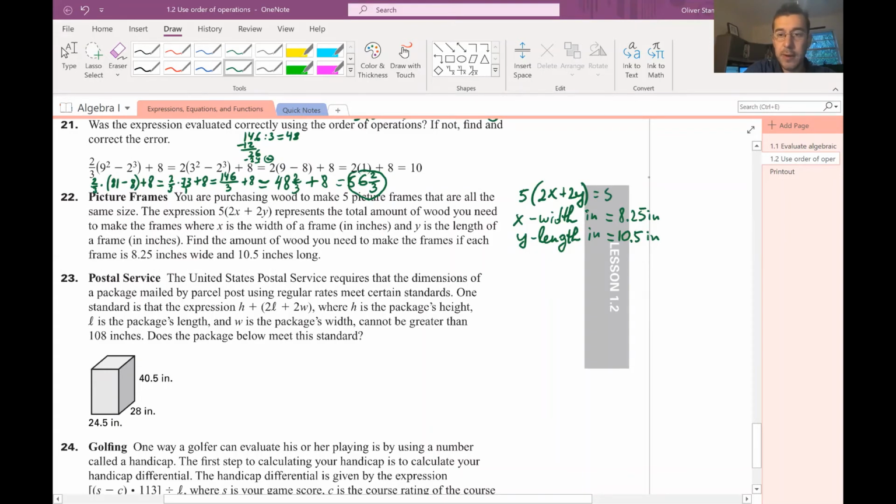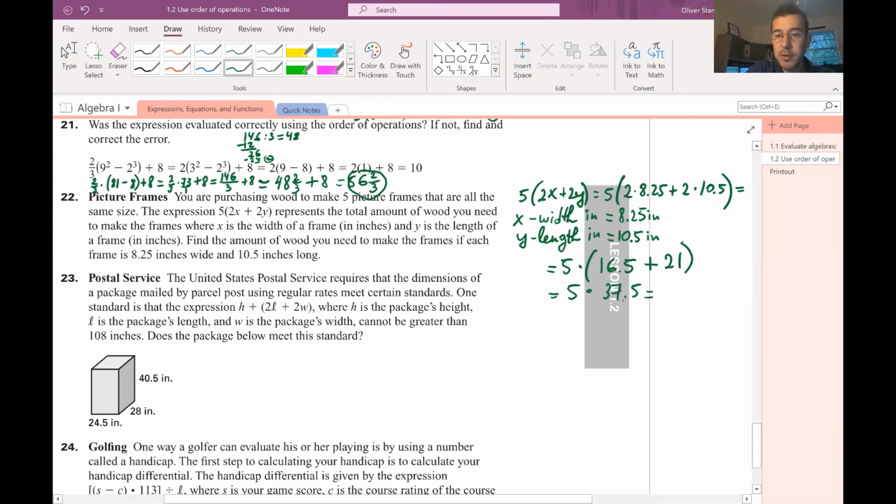So 5 times (2 times 8.25 plus 2 times 10.5), and that equals, I'm going to do it here. 2 times 8.25 is 16.5, plus 2 times 10 is 20, and 2 times 0.5 is 1, so this is 21. Or this is 5 times 16.5 plus 21, which is 37.5.